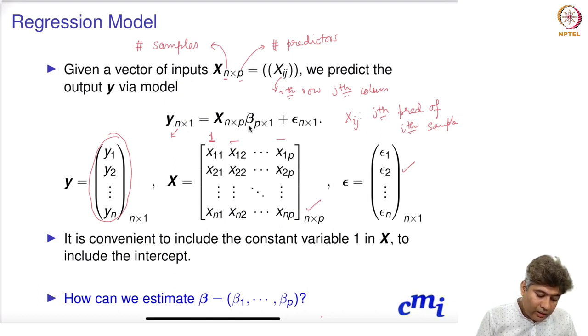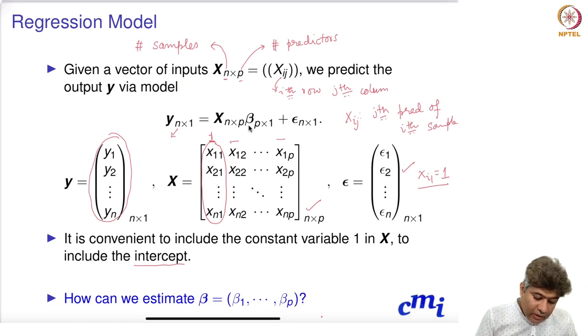If you do that, it will automatically be your constant predictor and behave as an intercept. If you just make each xi1 equal to 1, the first column will behave as an intercept.